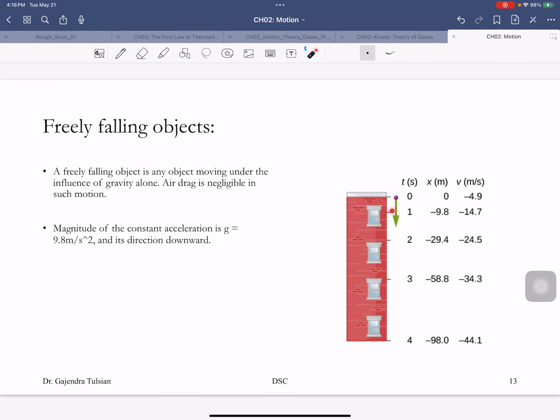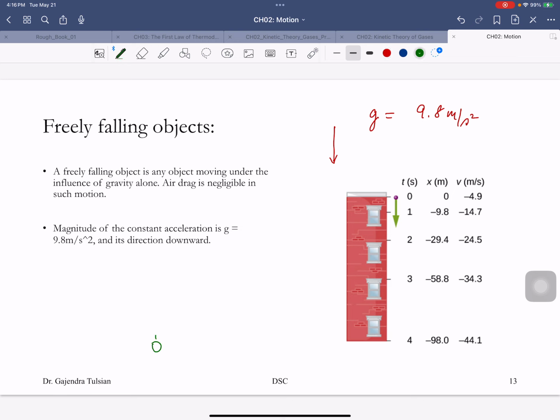A freely falling object experiences constant acceleration due to gravity, if air resistance is negligible. Acceleration due to gravity is denoted by g, and the magnitude is 9.8 meters per second squared, and it's pointing downward. That's the direction in which the acceleration is.